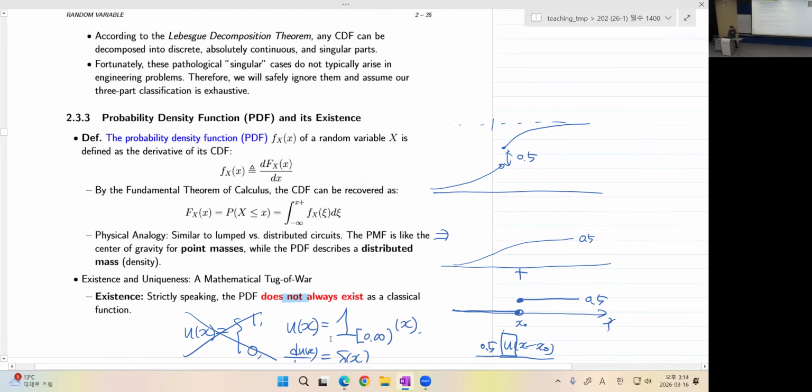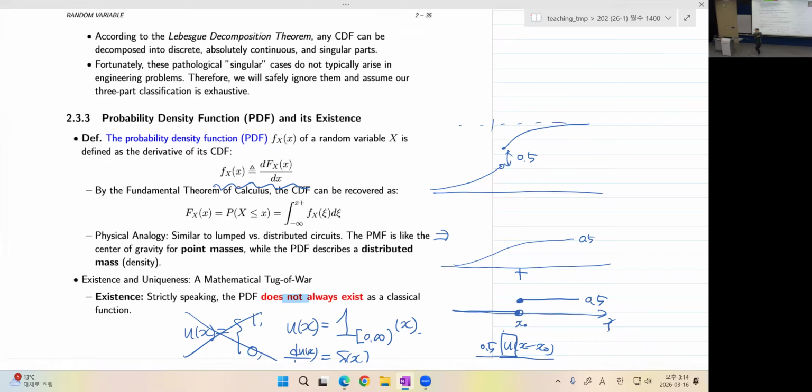So if we introduce delta functions in describing PDFs, we are free. We don't even need to think much about the CDF. PDF is very appealing, as I told you, from the dot scatter plot or the normalized histogram.